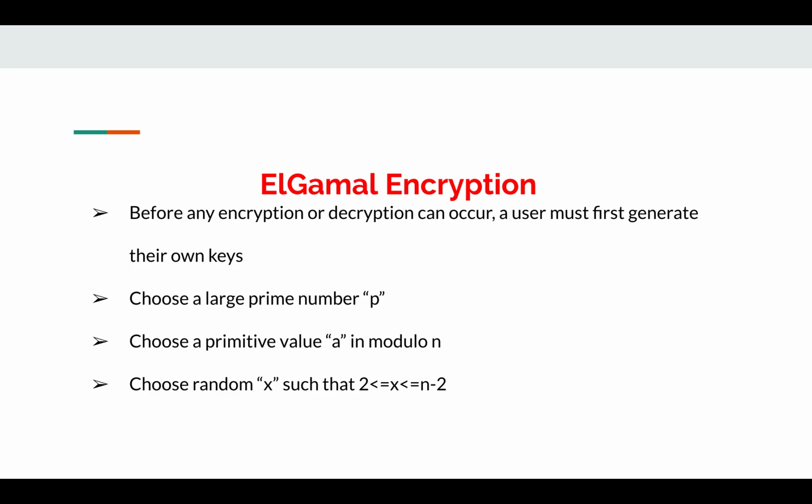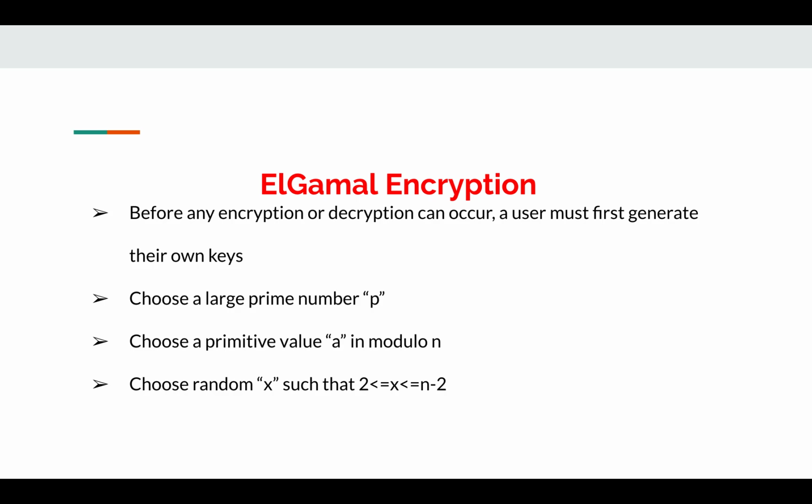Before exchanging the encrypted messages between Alice and Bob, they will need to generate their own keys. They have to choose a large prime number, let's say it's p, and then choose a primitive value, let's say a, modulo p.